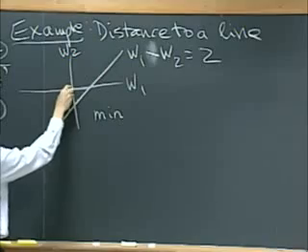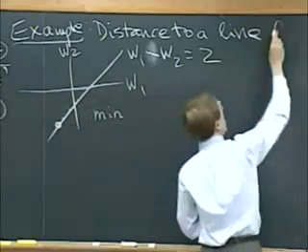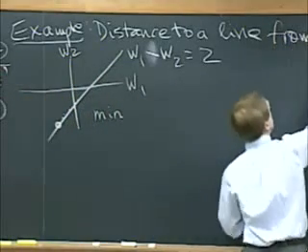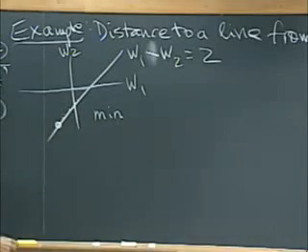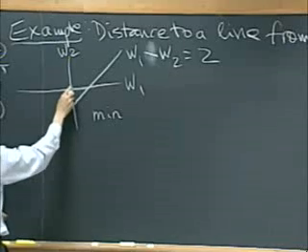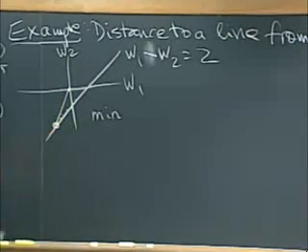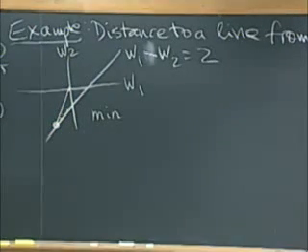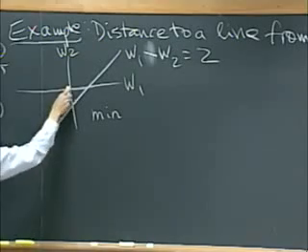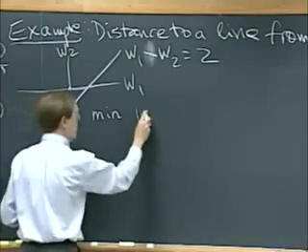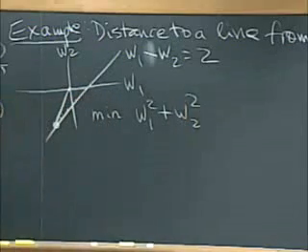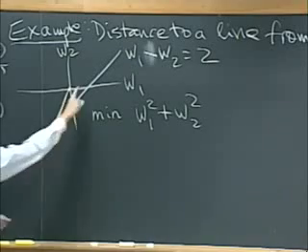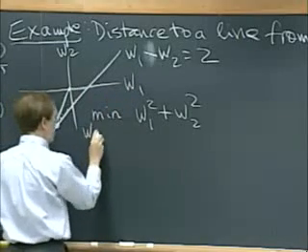That distance is W1 squared plus W2 squared, distance squared, we could say. We're minimizing distance squared, subject to the condition that we're on the line.